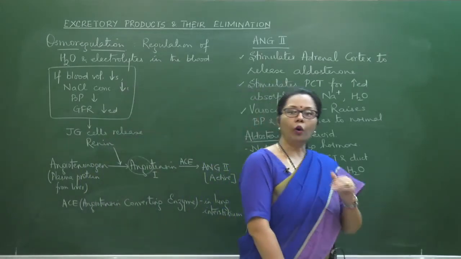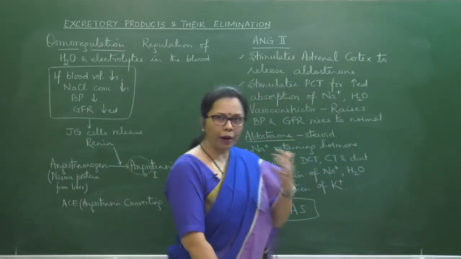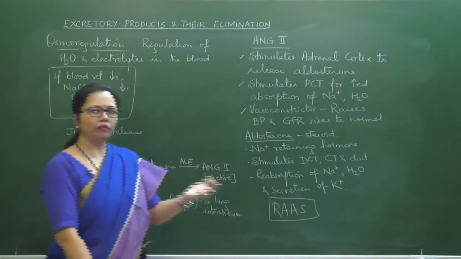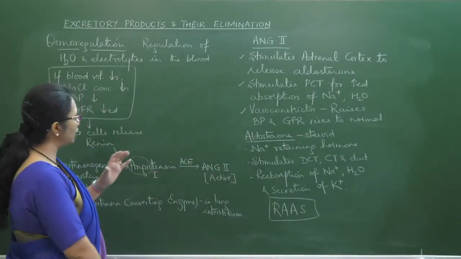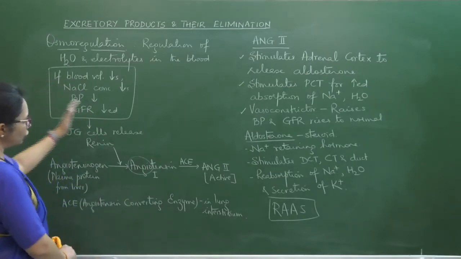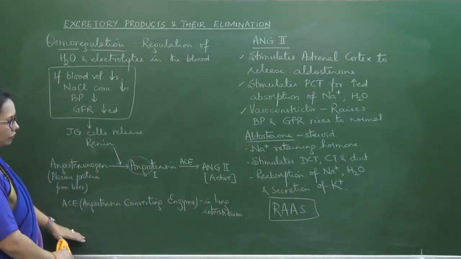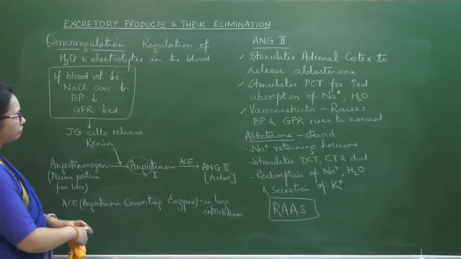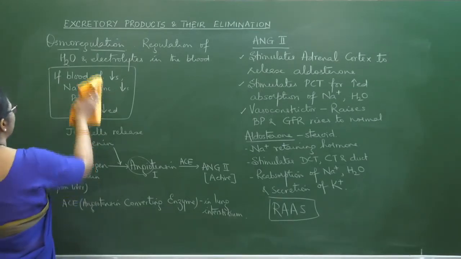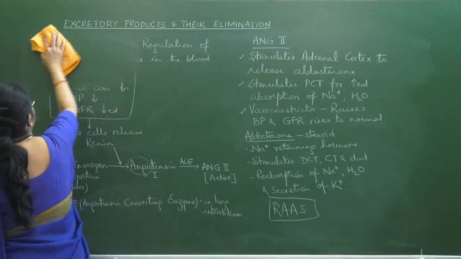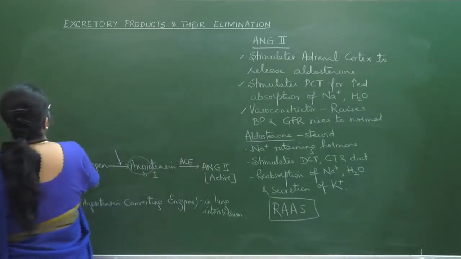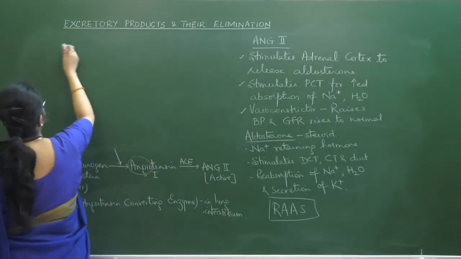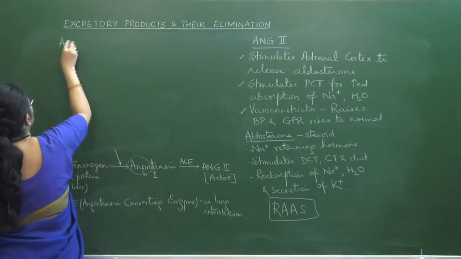Okay. Now along with this, or even separately, another hormone is there, that is ADH. So once you are through with this part, I can just remove it. So next thing, let us mention ADH.